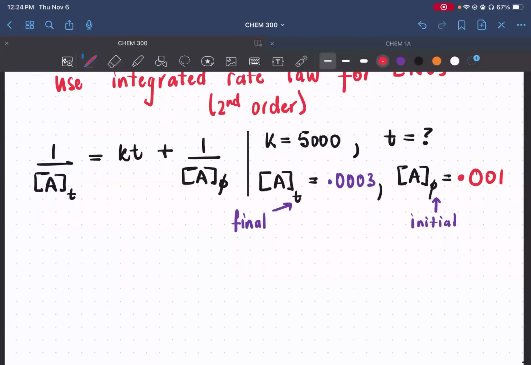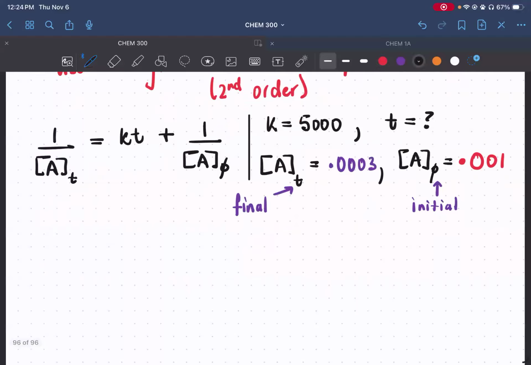Now that we have all our data, let's plug stuff in. One over AT, which is 0.0003, is equal to 5,000 T. Remember, that K value is 5,000.